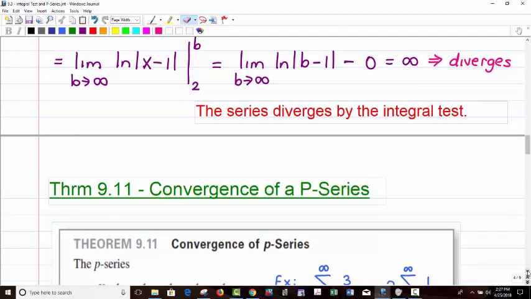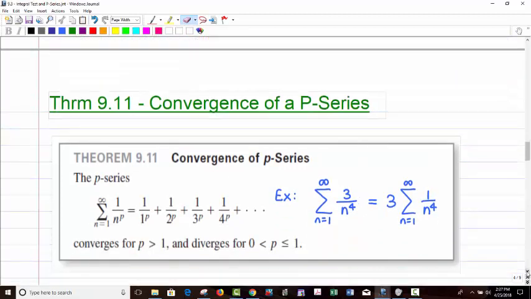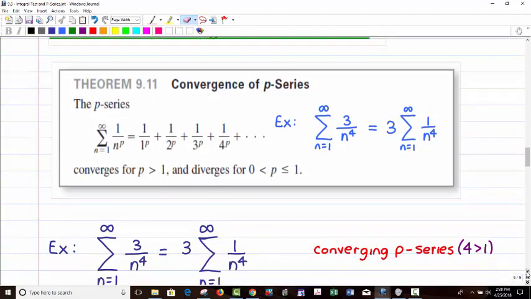Now let's talk about something called a p-series. This isn't too bad. P-series says that if you have 1 over n to the p, the power is treated as if it was in the denominator. So if you have like 1 over n to the 5th, don't try to overthink this, and it doesn't mean n is negative 5.